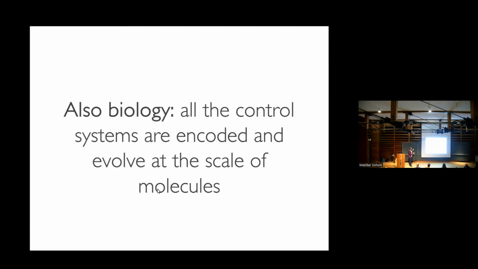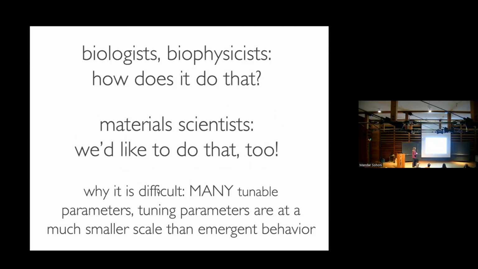Okay, let's see. But also biology says that all of the control systems for this process are encoded and evolve at the scale of molecules. And I want this large scale emergent behavior of a tissue, which is composed of cells, which is composed of molecules. And so how do I do that control? And I'm here at this conference because I'm interested both in how does biology do that?